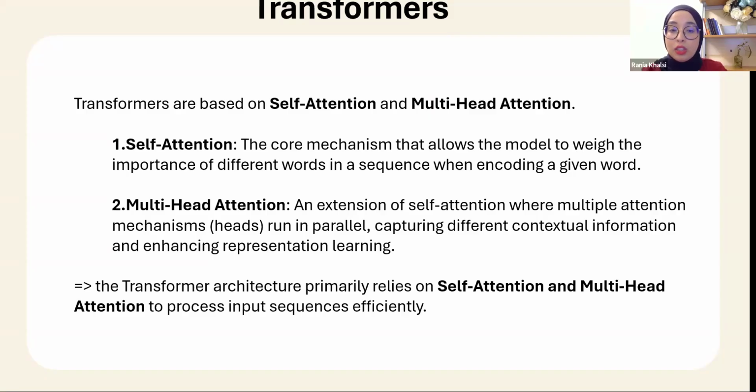Multi-head attention extends the idea of self-attention by running multiple self-attention operations in parallel.